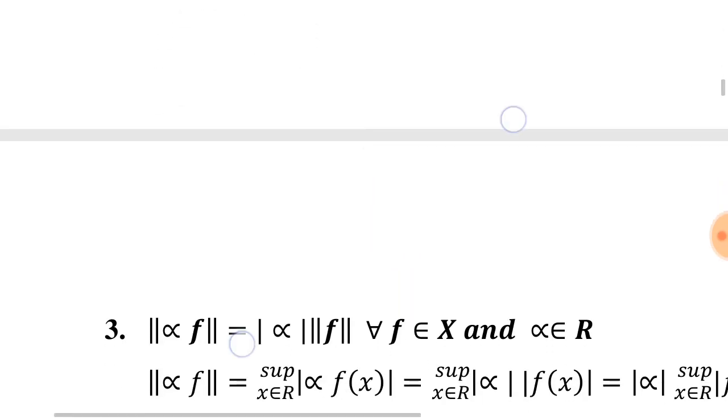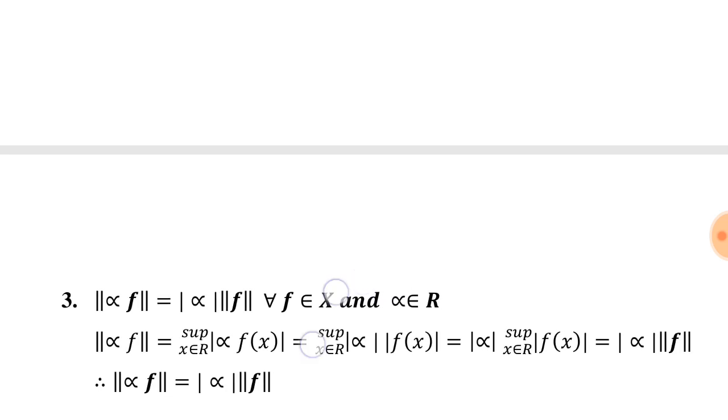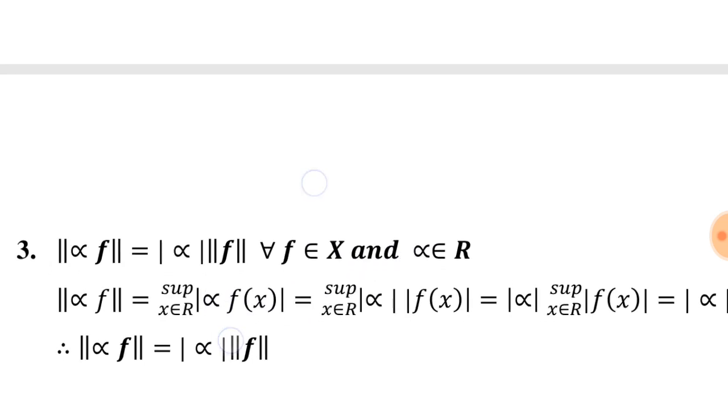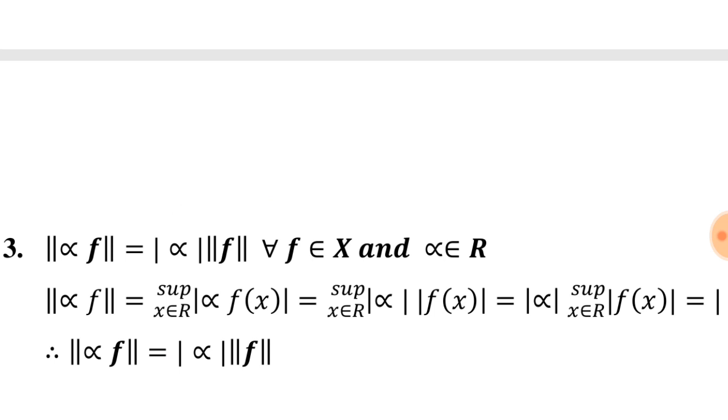Now let's jump into the third condition. The third condition states that the norm of alpha f equals the absolute value of alpha times the norm of f, for every f in X and alpha in R. Based on the definition of the norm, the norm of alpha f equals the supremum of the absolute value of alpha f of x.